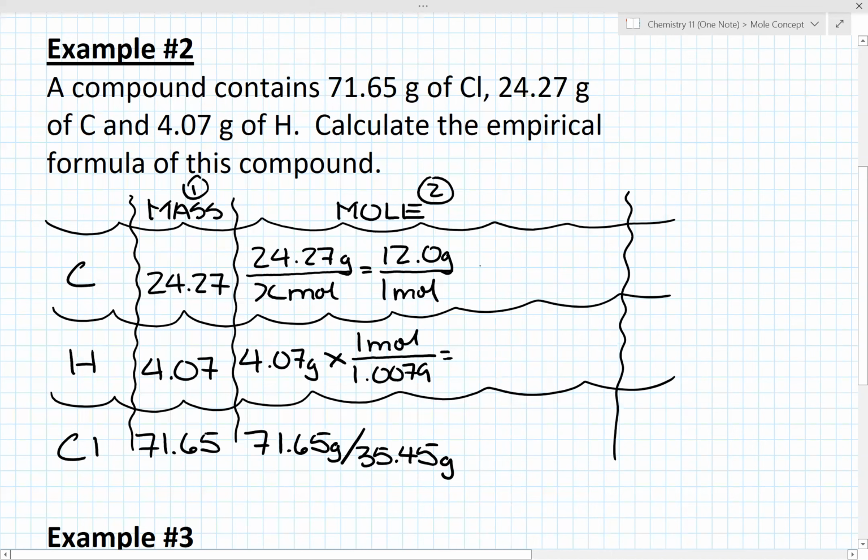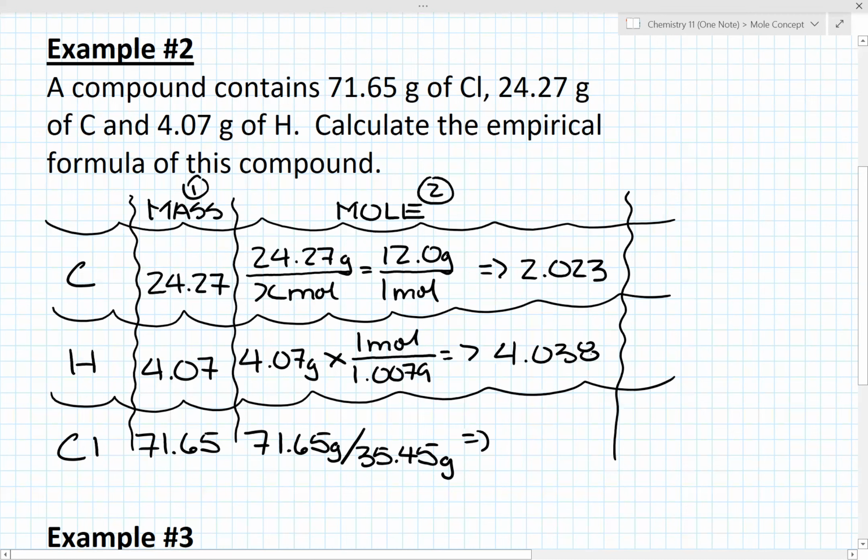Regardless of which way you use, what you should get is 24.27 divided by 12, so I get 2.023. Then 4.07 divided by 1.0079, I got 4.038.